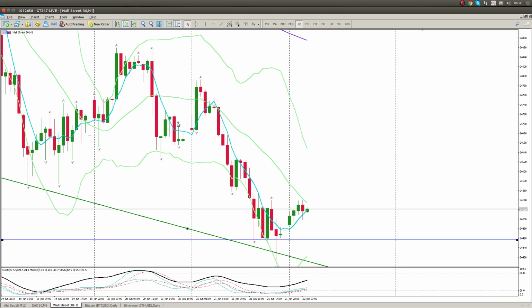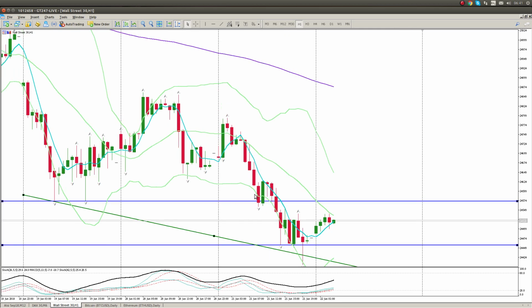We may just come back to test this break here, or alternatively, we may just test that break. But as I said, this is a massive zone of resistance, so I don't want to be short here. The only other option that I have is to be long, and this is where we want to put the long in.